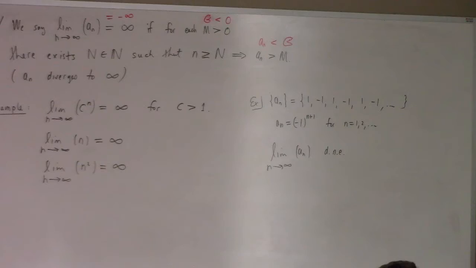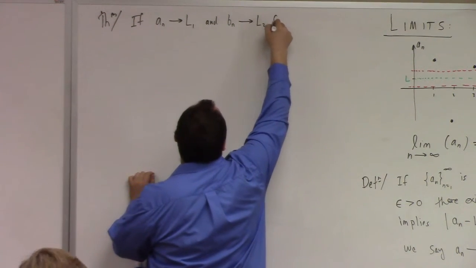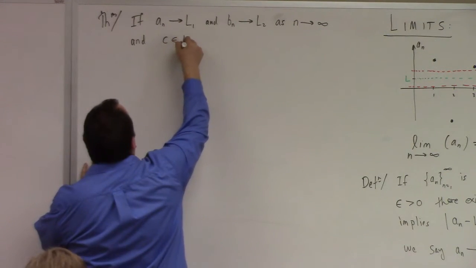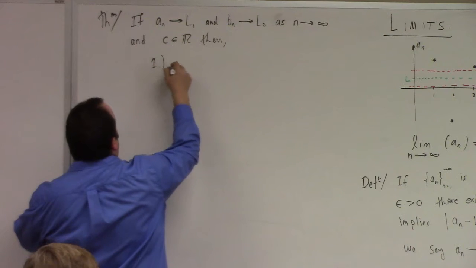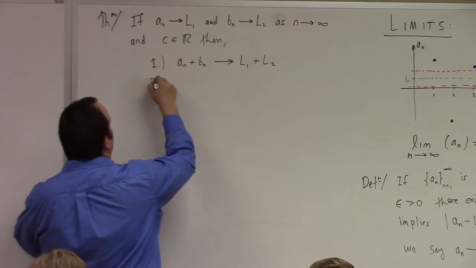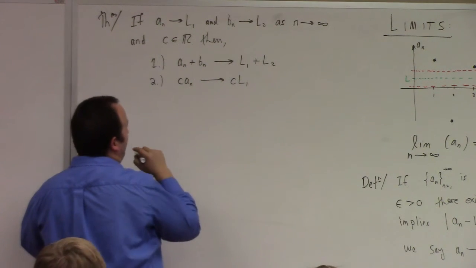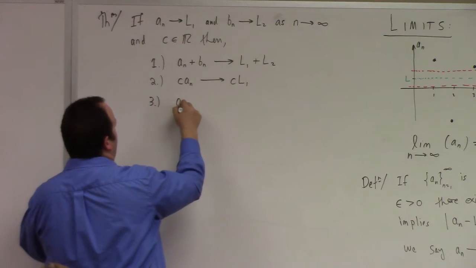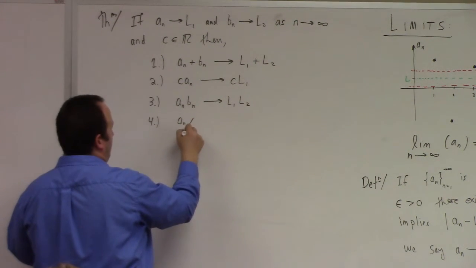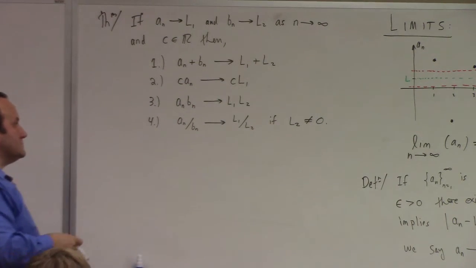So here's a nice theorem for you. If a sub n goes to L1 and b sub n goes to L2 as n goes to infinity, and if c is a real number, then we have: 1, a sub n plus b sub n goes to L1 plus L2. 2, if you have c times a sub n, that goes to c times L1. 3, a sub n times b sub n goes to L1 times L2. 4, a sub n over b sub n goes to L1 over L2 if L2 is not equal to 0.